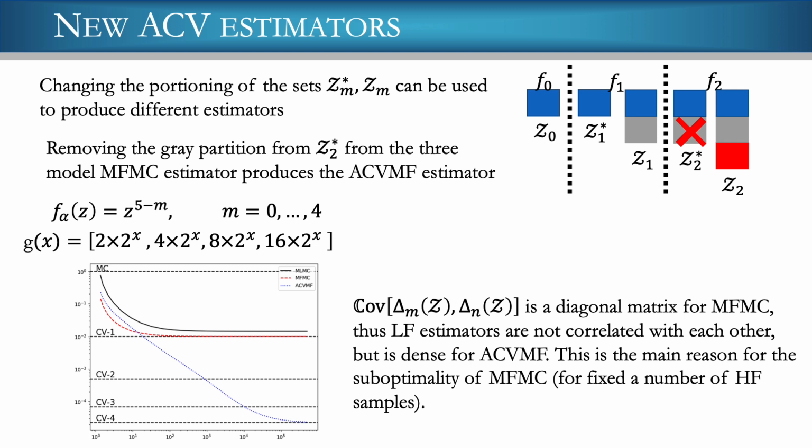Specifically, as you saw earlier in the video, the delta covariance of an MFMC estimator is a diagonal matrix. This is because the partition was constructed so that each low-fidelity model is only used to improve the estimate of the low-fidelity statistic of the next highest fidelity model in the hierarchy. In contrast, the delta covariance of an ACVMF estimator is dense, so that each model informs all other models.